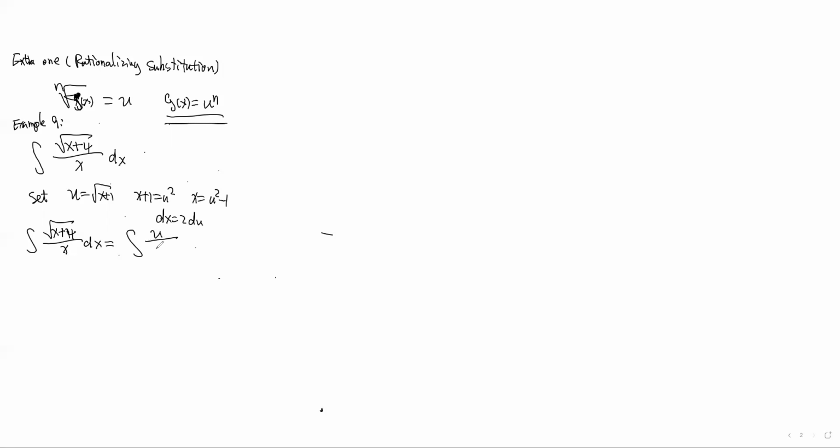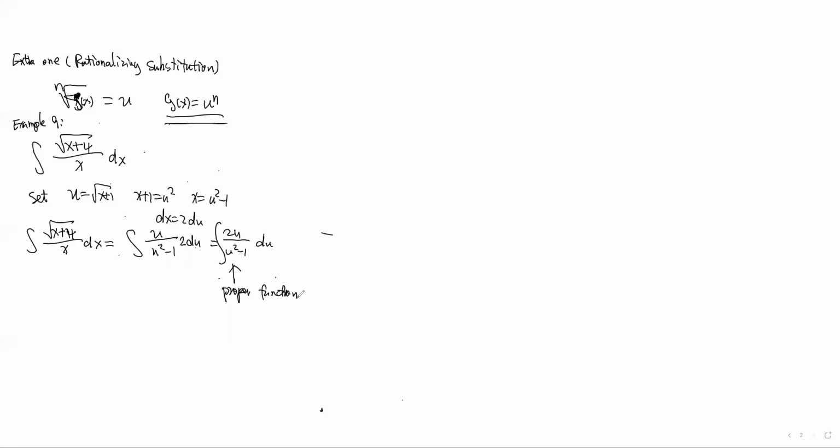Over x is u squared minus 1, and dx is 2u du, right? So we get 2u squared over u squared minus 1 du, right? Here, we get a proper rational function, right? So, proper or not proper?